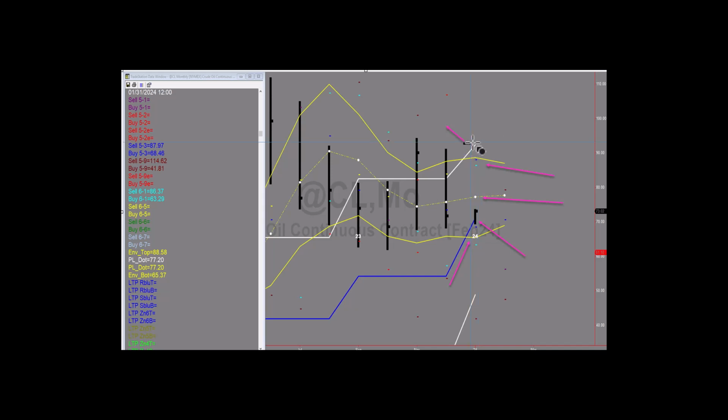This whole area up here. It'll be interesting to see if the market gets up there, what takes place, and whether that becomes strong or if it starts to break. But right now, the way crude oil looks, it's going to run into this PL dot resistance, and we'll see how that unfolds on the monthly, on the weekly, and on the daily.